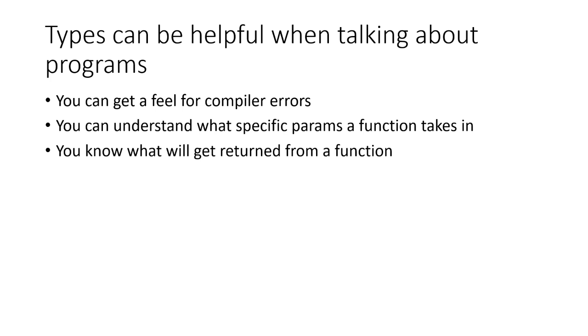But there are ways to work around it so that you can check for types. And types can be actually pretty helpful in programming. For example, you can unearth compiler errors. So before the program even runs, you can get a feel for any errors in your logic, if there's mismatched types, etc. You can understand what specific parameters a function needs to take in.